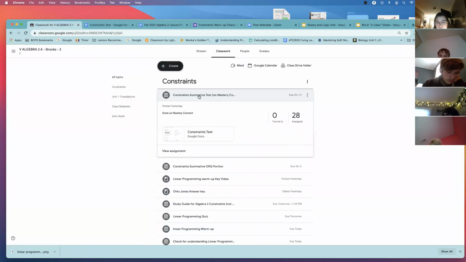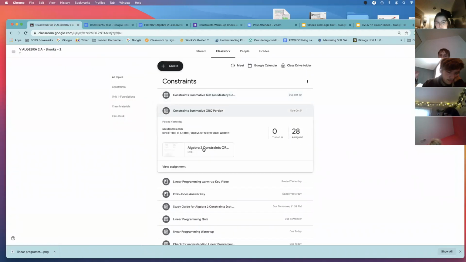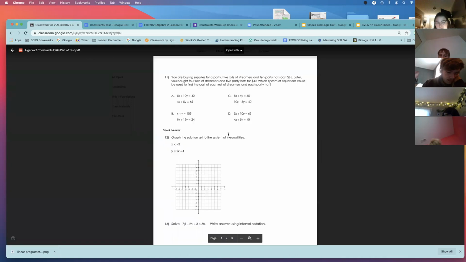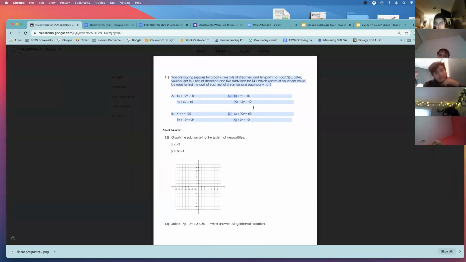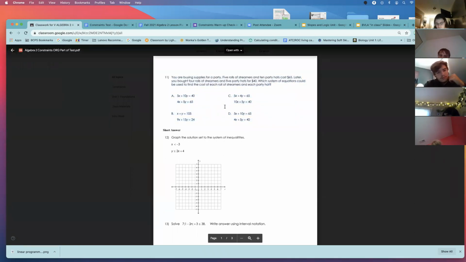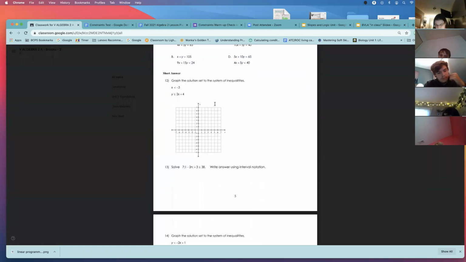Where's the ORQ? The ORQ is right here. Number 11 is actually the end of the multiple choice. So this is multiple choice. You'll do number 11 on Mastery Connect.